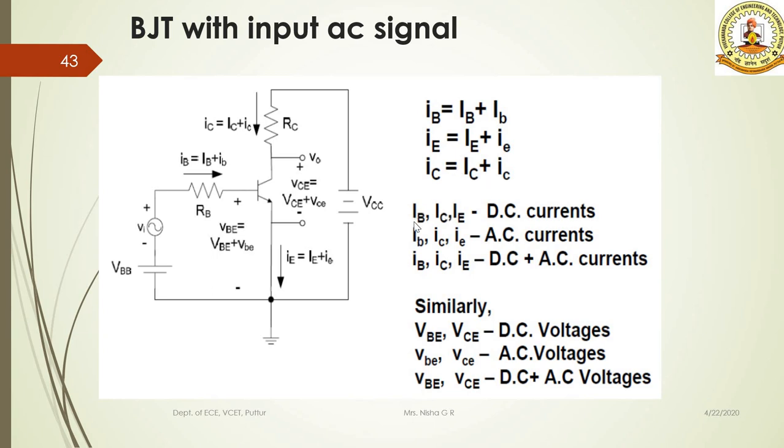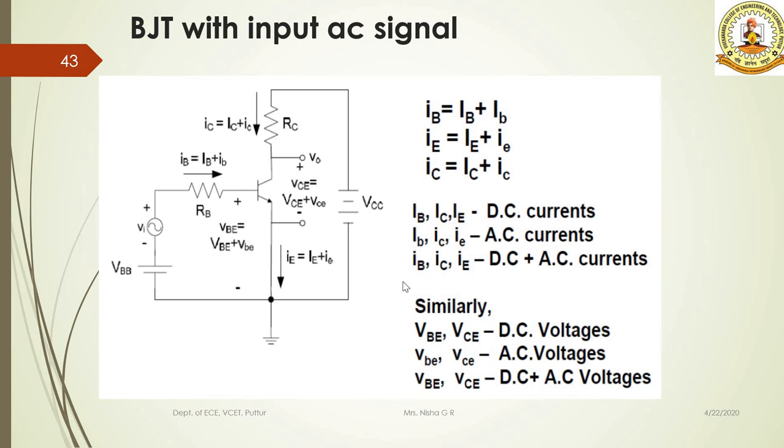Here capital letter IB, IC, IE are the DC currents, and small letter ib, ic, ie are the AC currents, and small letter i with capital letter subscripts means AC plus DC currents.